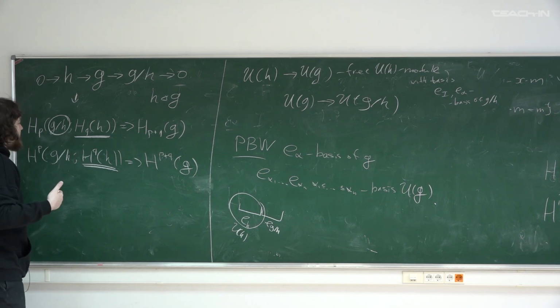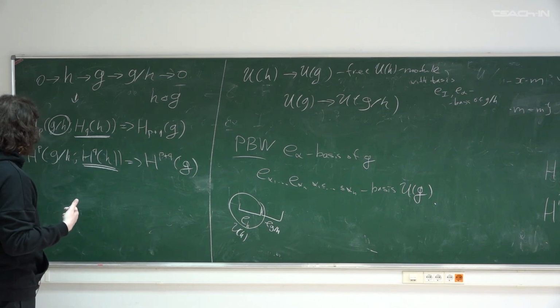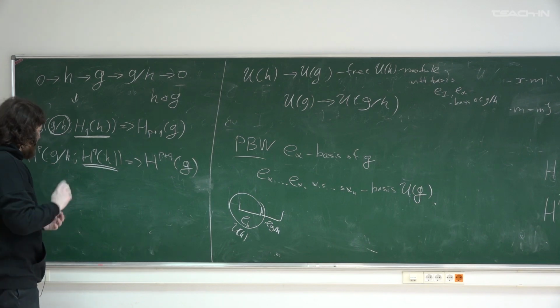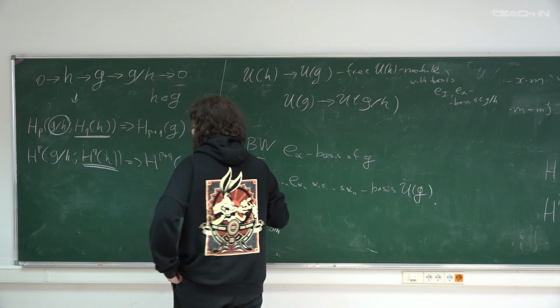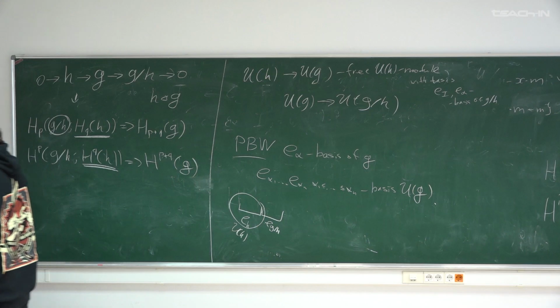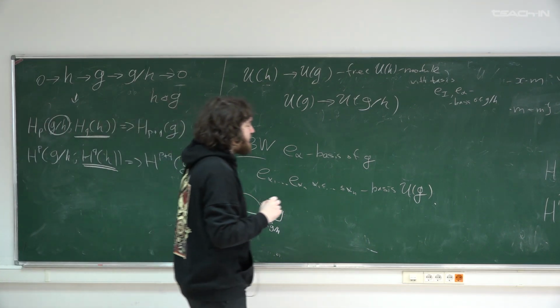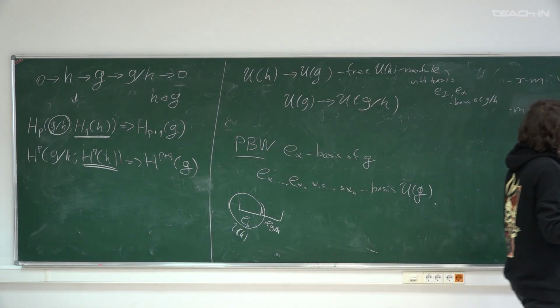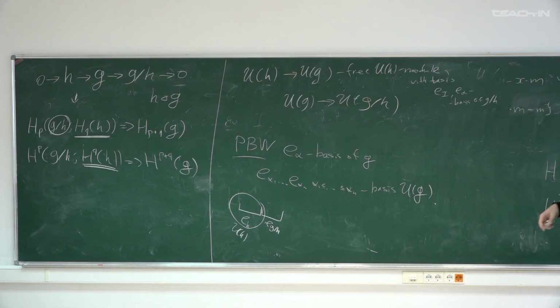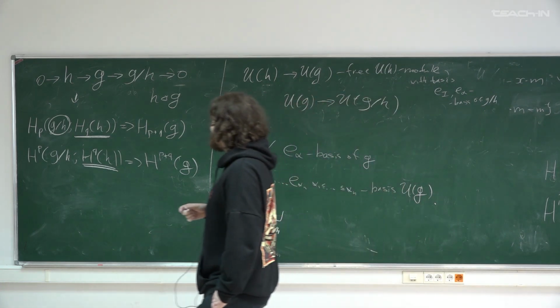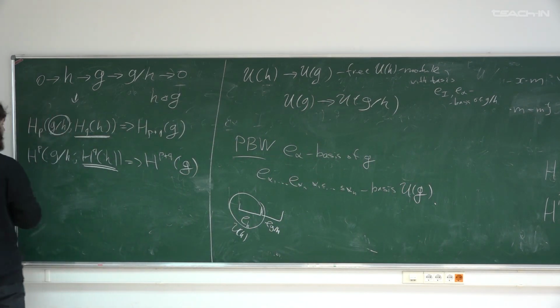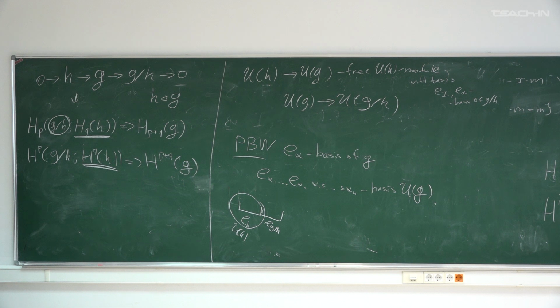In fact, we will understand this action from the standard resolution, because in the group case we understood this action from the bar resolution. From some explicit calculations with bar resolutions, we obtained that this was the adjoint action. Here it is the same thing, but we will understand this from explicit calculations with a standard resolution, not the bar resolution, but the Koszul resolution.